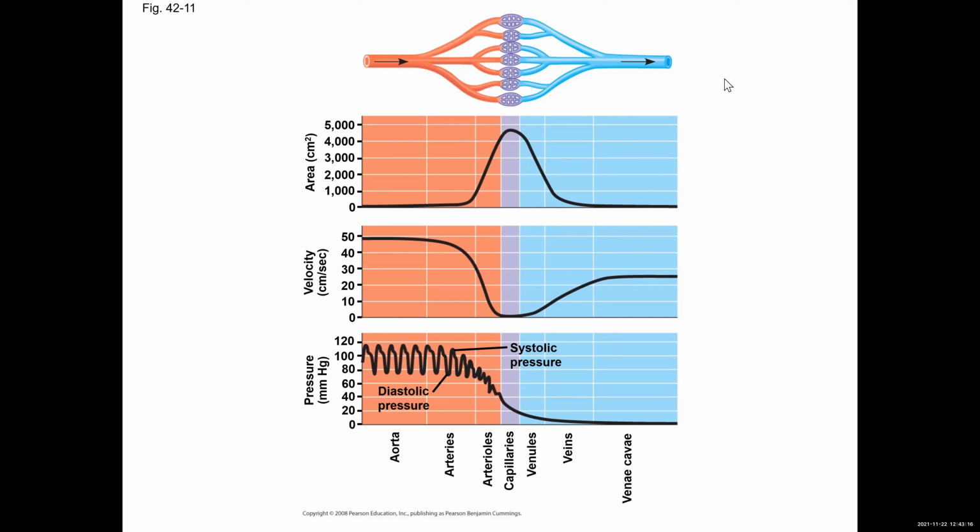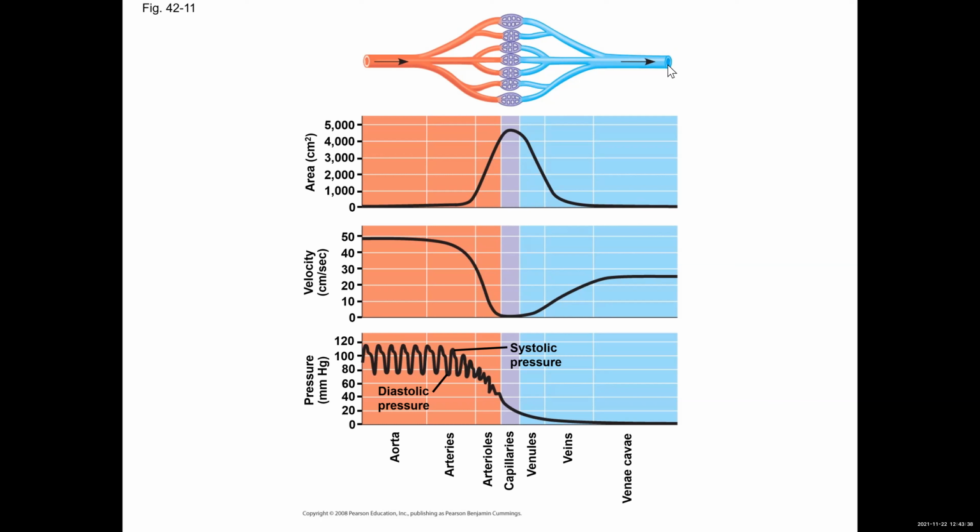Although we are going from bigger blood vessels to smaller blood vessels, what happens is we add up the cross-sectional area of all the capillaries. It ends up being larger than the blood vessel that it came into that network with, right?